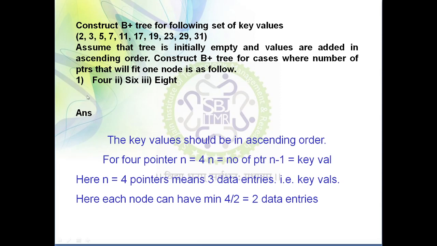Okay, so first of all we need to consider the value of n as 4. n represents the number of pointers, and we know how many key values there would be. Suppose the number of pointers is 4, that means it can store n minus 1 key values.